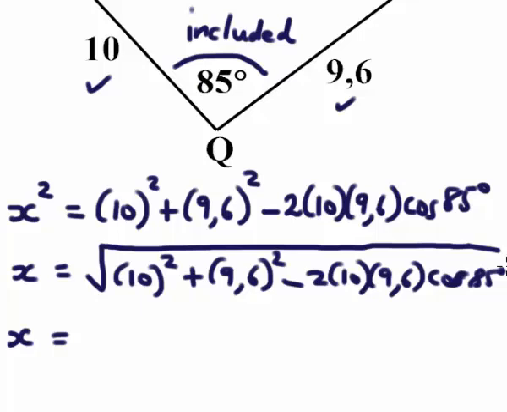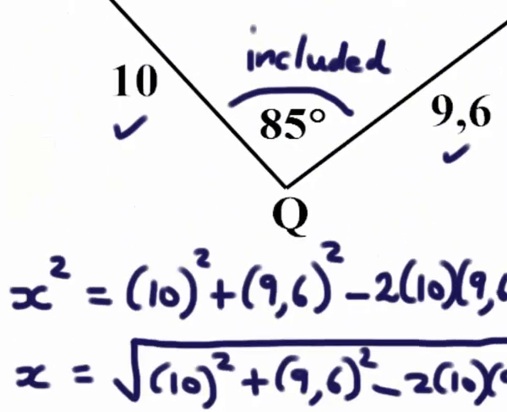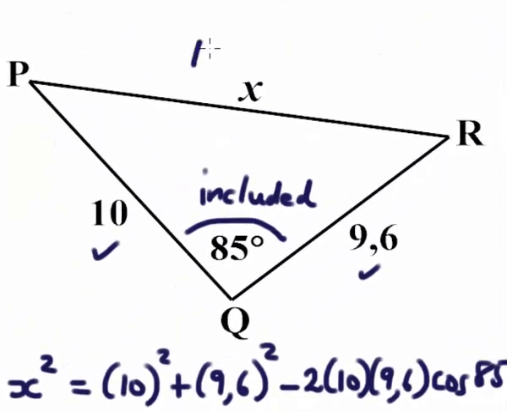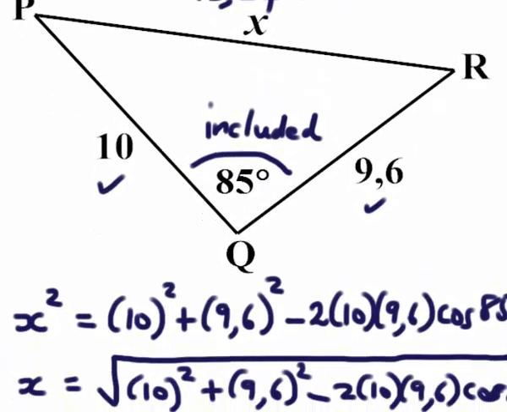Okay, and if you push equals, the answer to two decimal places will come to 13.24, and we haven't said centimeters or kilometers or meters, so we'll just say units. That's the length of x. Okay, great. So we've got 13.24 there. Two sides and the included angle.